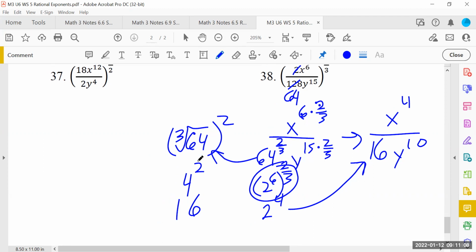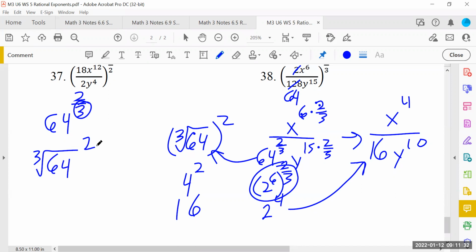Okay, so real quick, I'm dealing with the 64 to the 2/3. Do you want to see it using cube roots or do you want to see it using exponents only? So I took the 3 on the bottom and said that that means this is the cube root of 64 squared. Does that make sense?